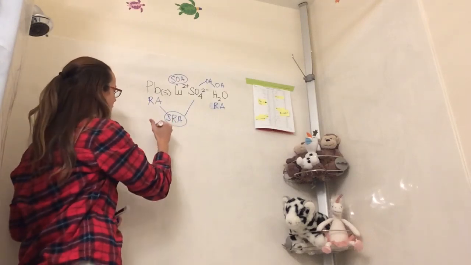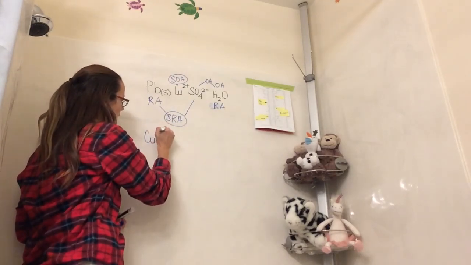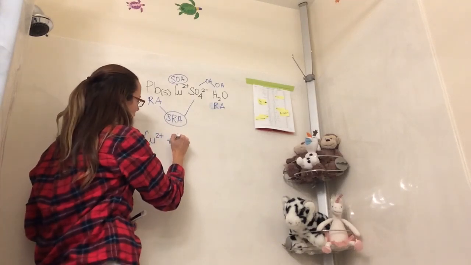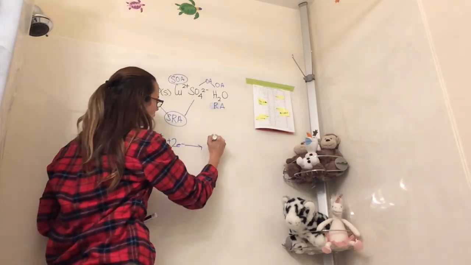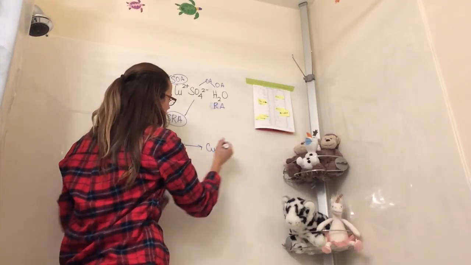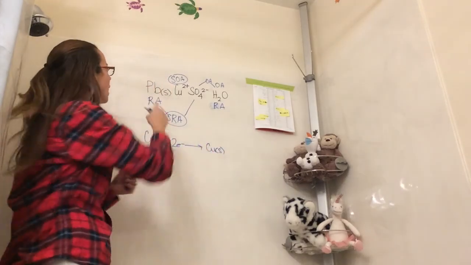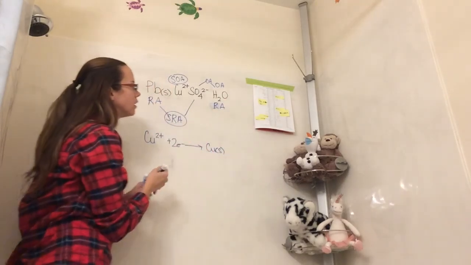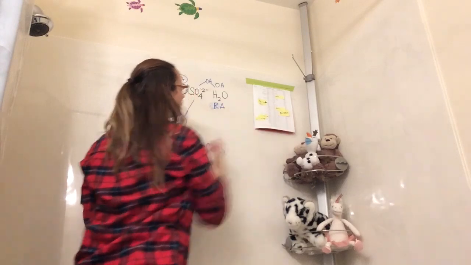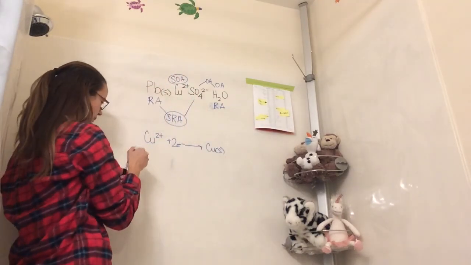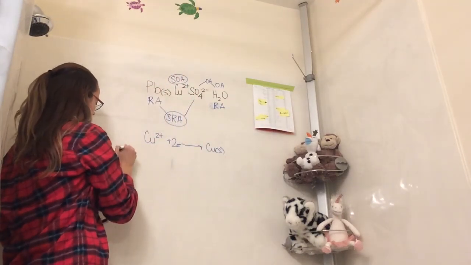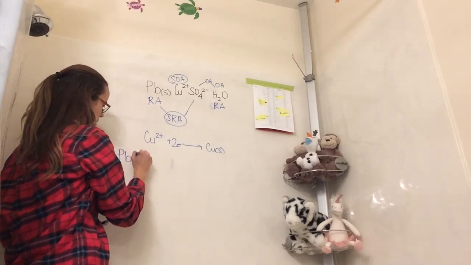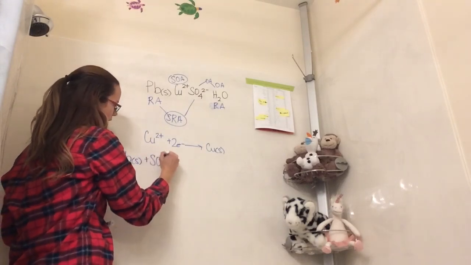So we're going to write from left to right. Copper ions plus 2 electrons produce copper solid. And now we're going to write our lead and our sulfate from right to left. So when we look over here, we've got lead solid plus sulfate, our sulfate ion.